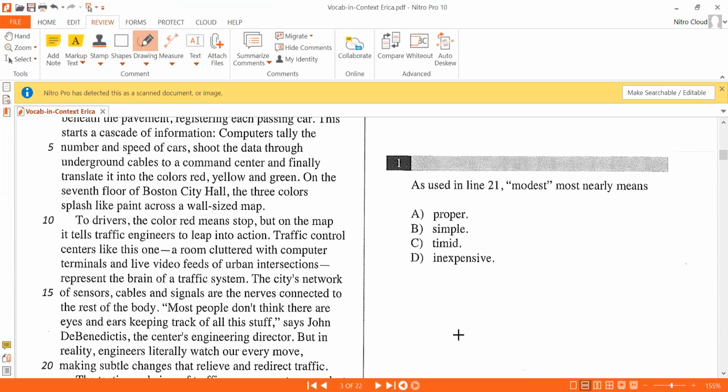So which one of the choices can you actually eliminate? What about inexpensive? Can we eliminate this one? Yeah. We can actually eliminate inexpensive, right? Timid. What does timid mean?